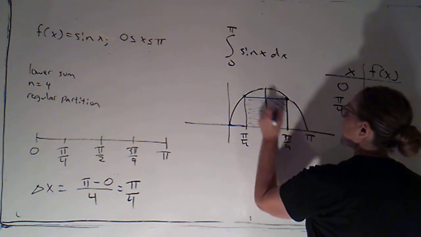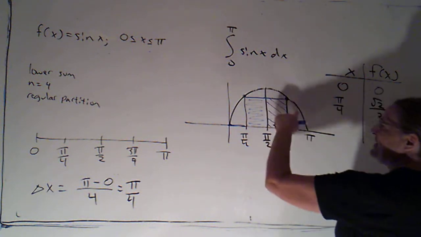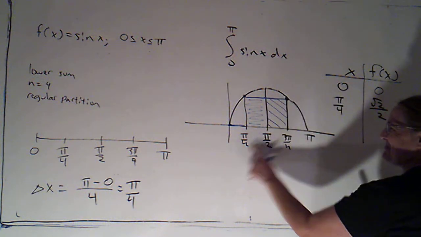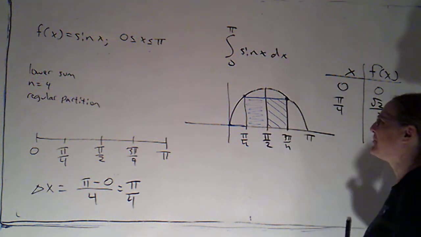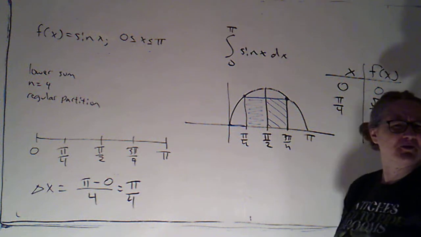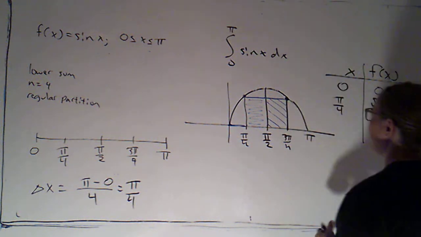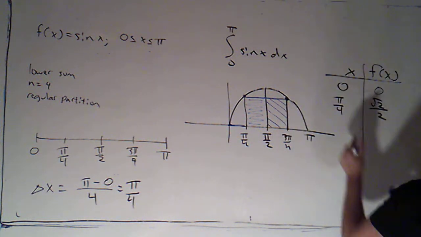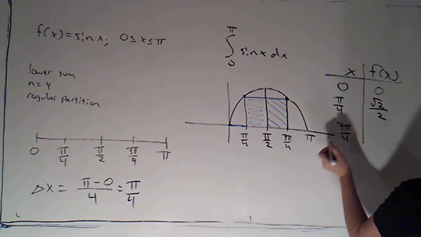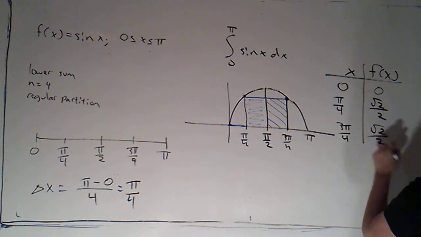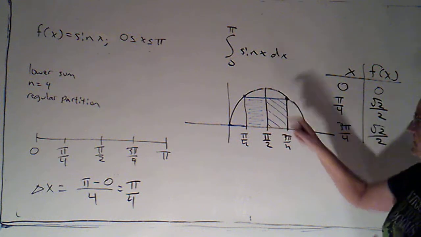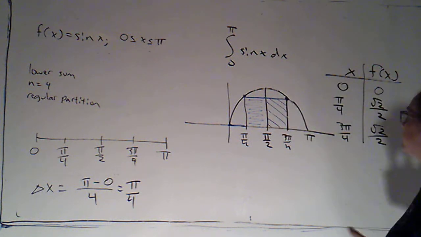I'll extend my height across there. I just evened out the graph because I recognized that at pi over 4 and at 3 pi over 4, I was going to have the same heights, and I'd drawn this kind of quickly, so it was a little bit out of whack. Okay, so then that's 3 pi over 4, and again, sine of that is root 2 over 2. So I've got these two rectangles that both have a height of root 2 over 2.